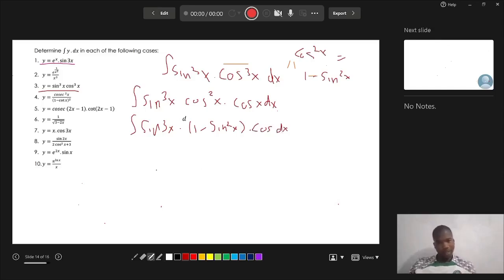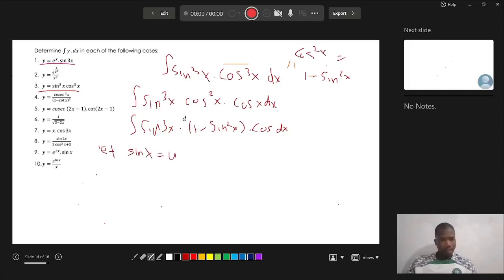Then after that we say let sine x be equal to u.